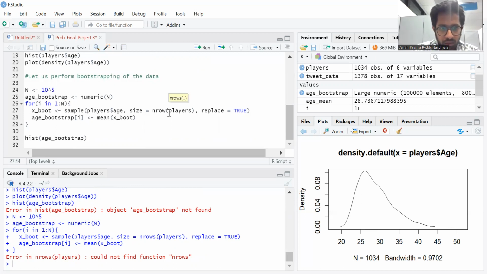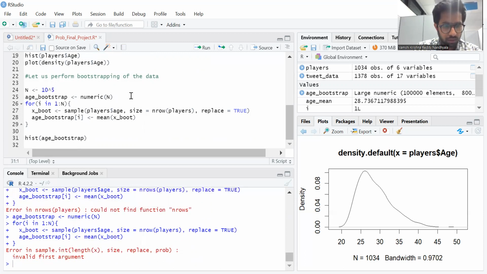Okay, there should not be an s, I guess. Let me rerun again. Okay, invalid first argument. Error in sample. Replace equal to TRUE. Let me check where this is.